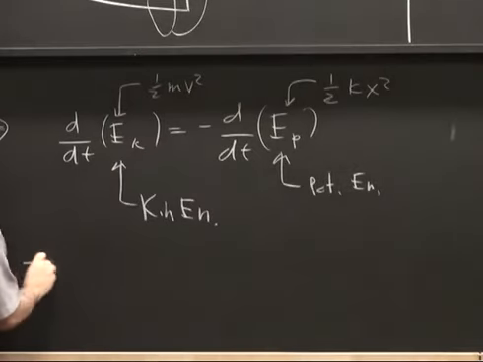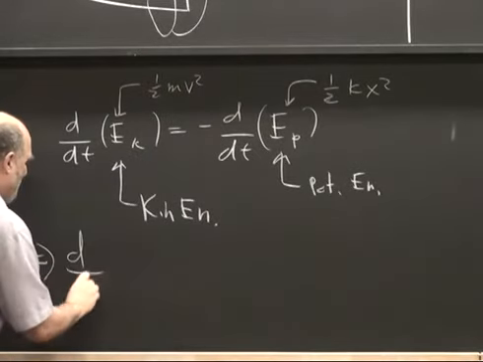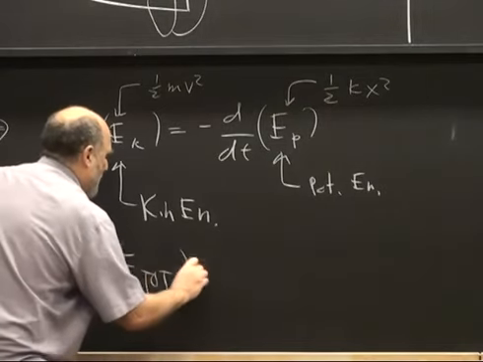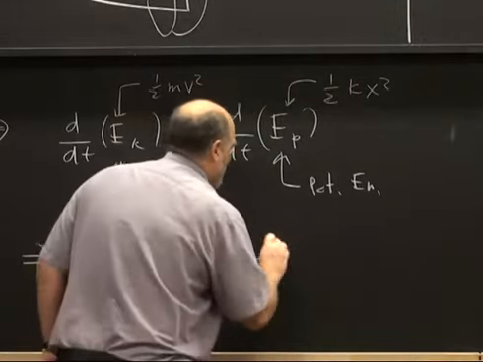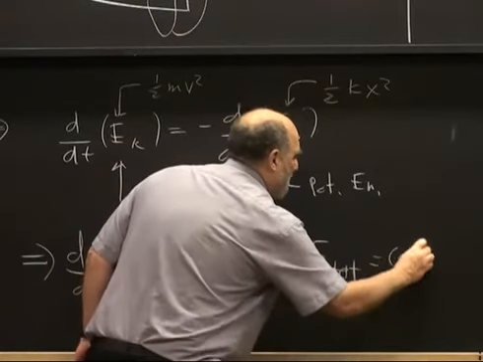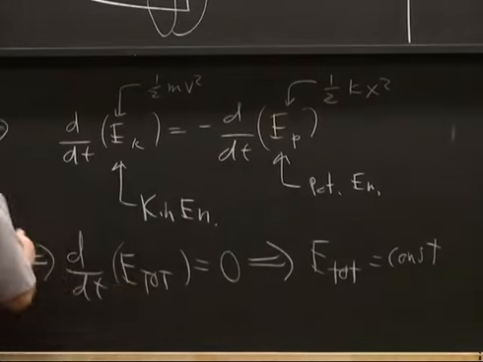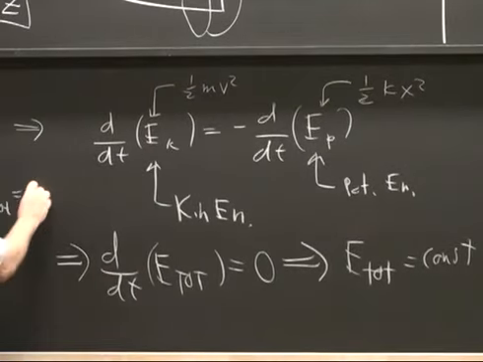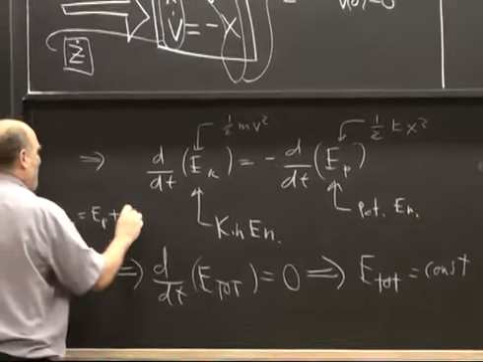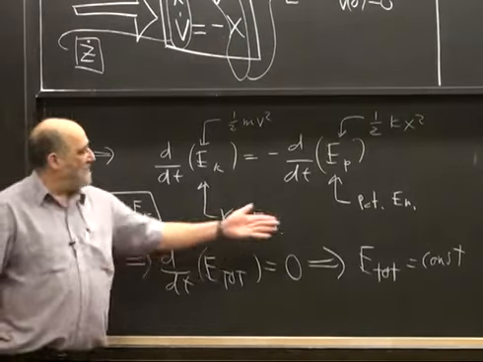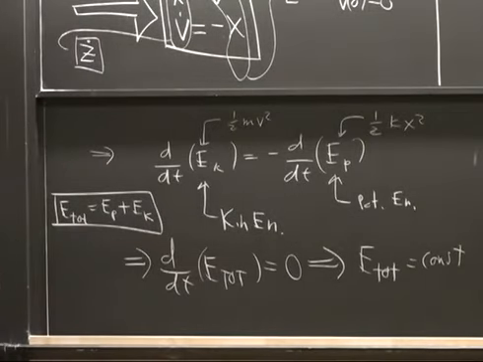Then what does that tell us? It tells us that d by dt of a thing we'll call the total energy is equal to 0, which tells us that the total energy is equal to a constant. And what do we mean by the total energy? We mean EP plus EK. So from this, we derive that the energy is constant, which is what we expect to see in the numerical solution, or approximately if it's accurate enough.